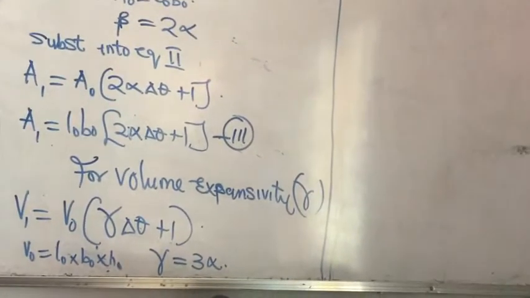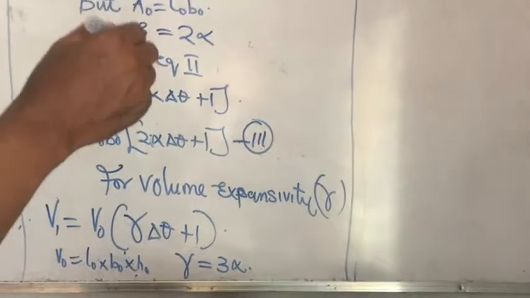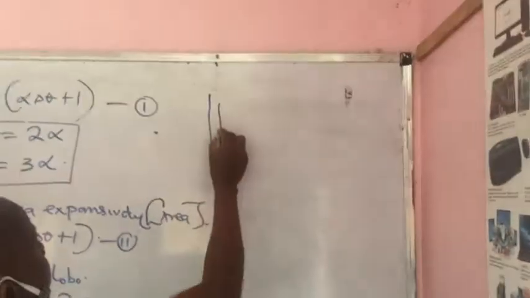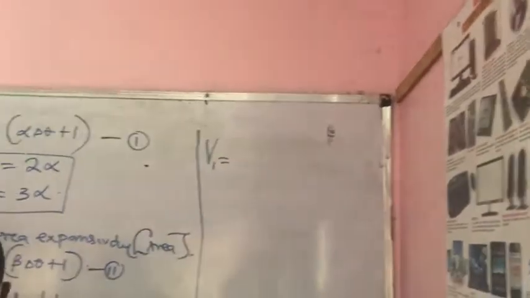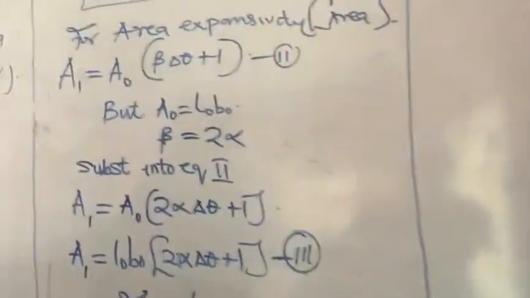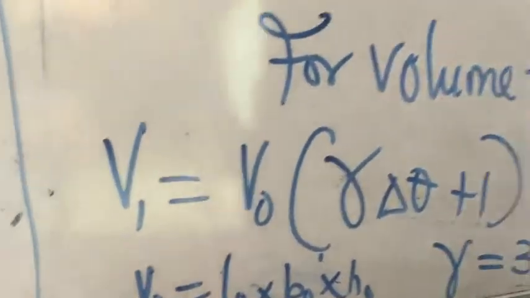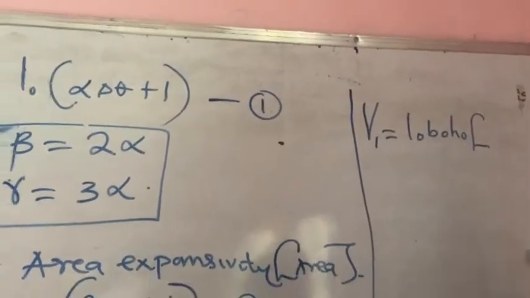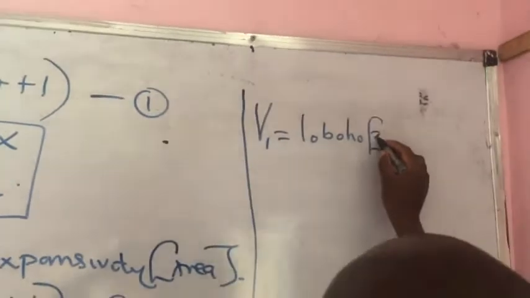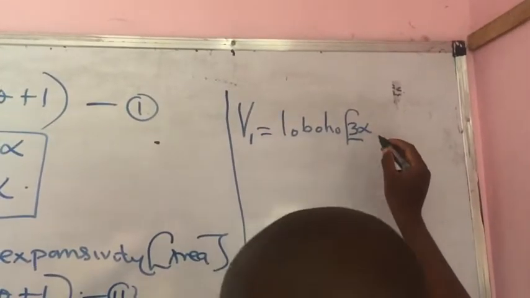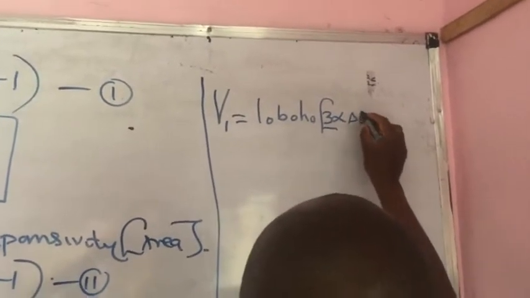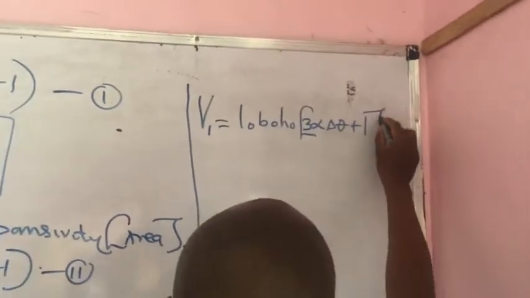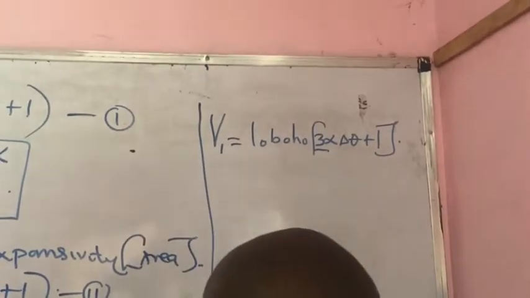So I'm going to replace that. That's the only thing I will replace. Now your V1 is equal to, so I'm writing V0 now, L0 B0 H0 brackets. Then I will have alpha. Remember, gamma will be replaced with 3 alpha. Then delta theta plus 1. That's all about it. You can call it equation 4.